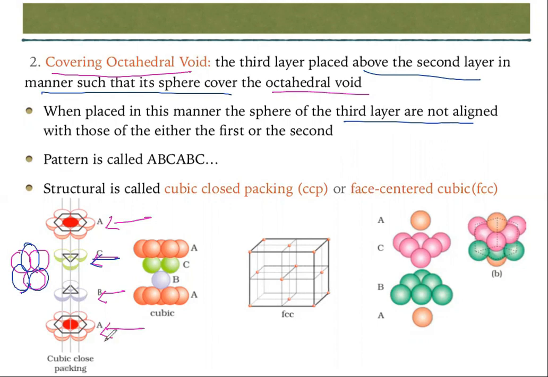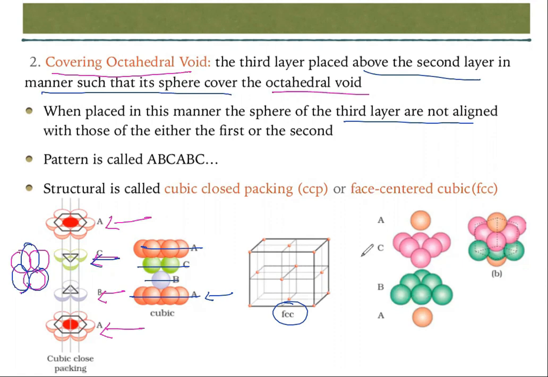The similarity is that the first layer and fourth layer are equal. Here you can see another picture. This is the first layer, the second layer is a different one, the third layer is a different one, and the fourth layer is similar to the first layer. So this is the FCC. FCC means face centered cubic.